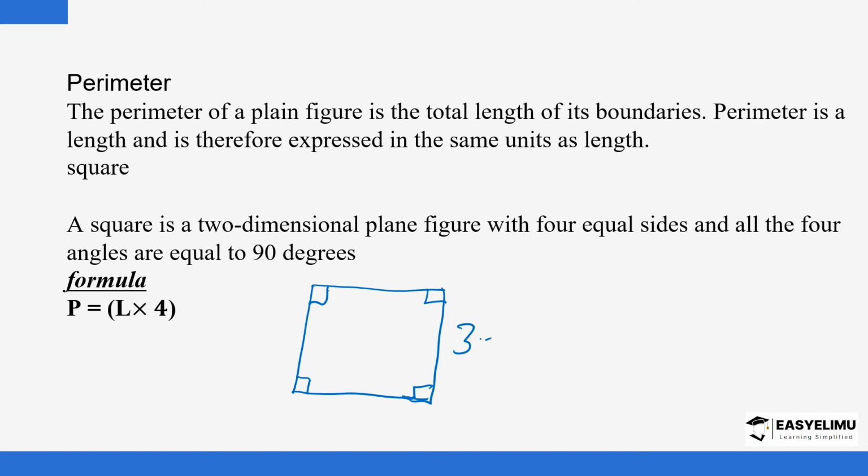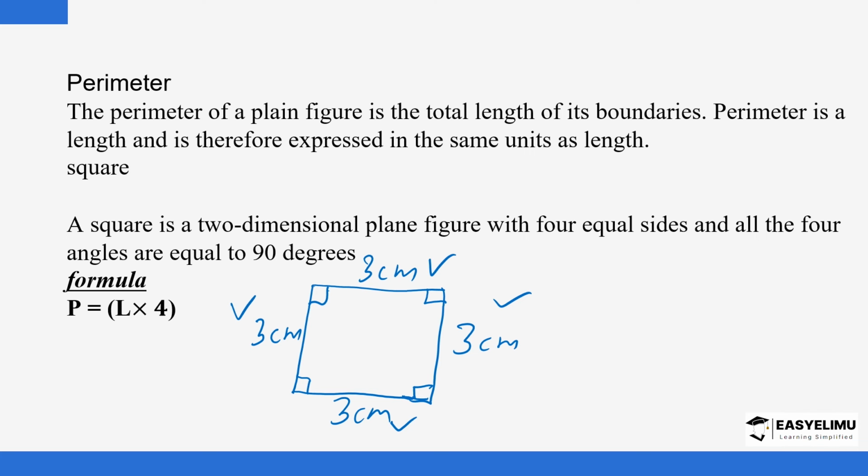So this could be 3 centimeters, and this must also be 3 centimeters, this other one must also be 3 centimeters, and this other one must also be 3 centimeters. So all the sides must be equal and all the interior angles must be 90 degrees. For perimeter, you just need to add this plus this plus this plus this, the distance all around, just like we did when we were doing rectangles.